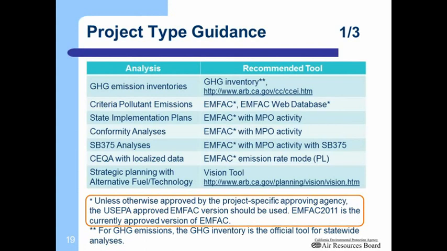That should be the model to use to develop state implementation plans, conformity, and conduct SB375 analysis. Unless otherwise approved by the project-specific approving agency, users should use the US EPA-approved EMFAC version.